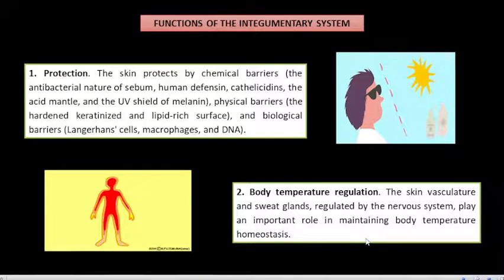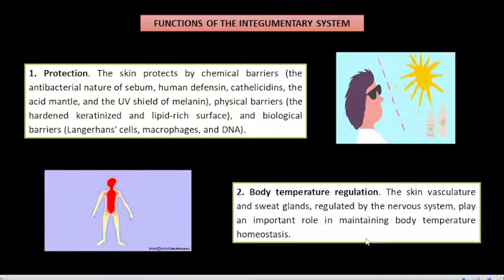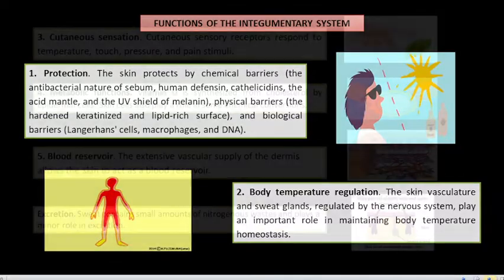So, those two, the vasoconstriction or the constriction of the blood vessels and the dilation of the blood vessels are both controlled by the nervous system. Okay, so with the help of the nervous system, your skin or integumentary system is able to help in body temperature regulation.